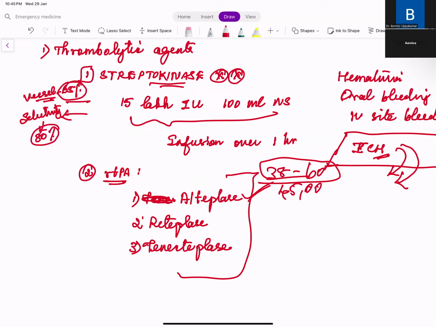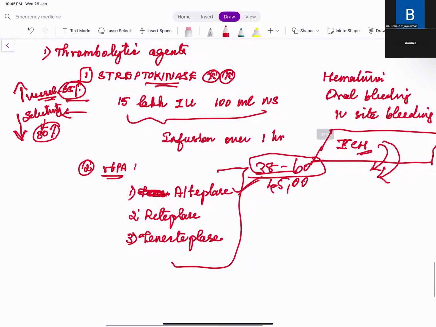I'm not sure of the actual values. The recombinant tissue plasminogen activators are more effective. The vessel patency rate will be 75 to 80% in case of tenecteplase. So the second generation drugs are more effective, and the chance of causing intracranial bleeding is less. That is why we prefer the second generation agents.